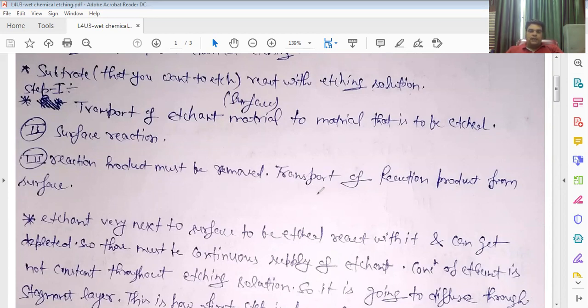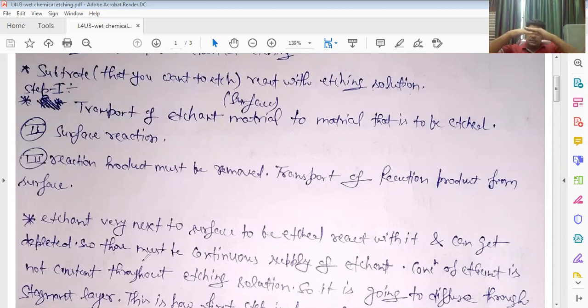Now, when this stagnant layer reacts with the surface atoms, surface reaction takes place. So there must be a continuous supply of etchant, because the stagnant layer is depleting continuously by reacting with the surface.